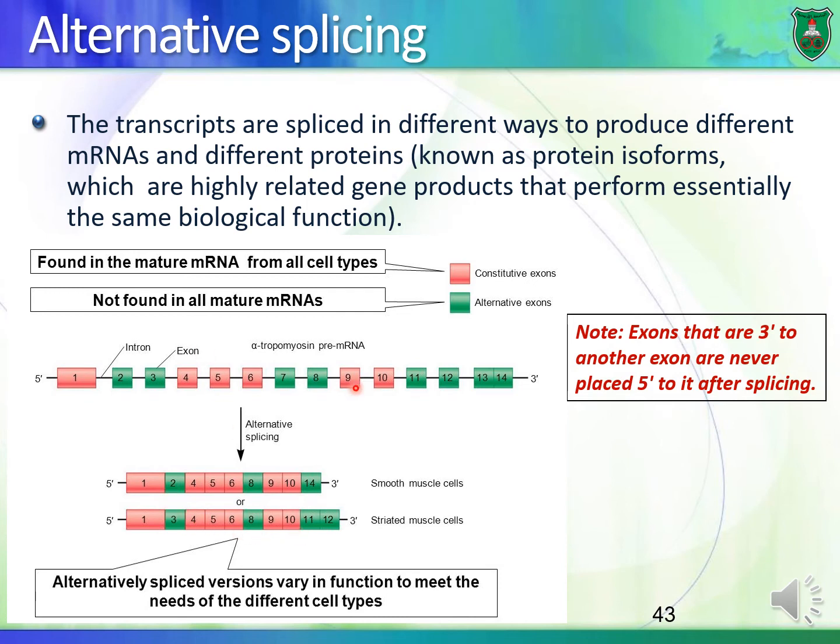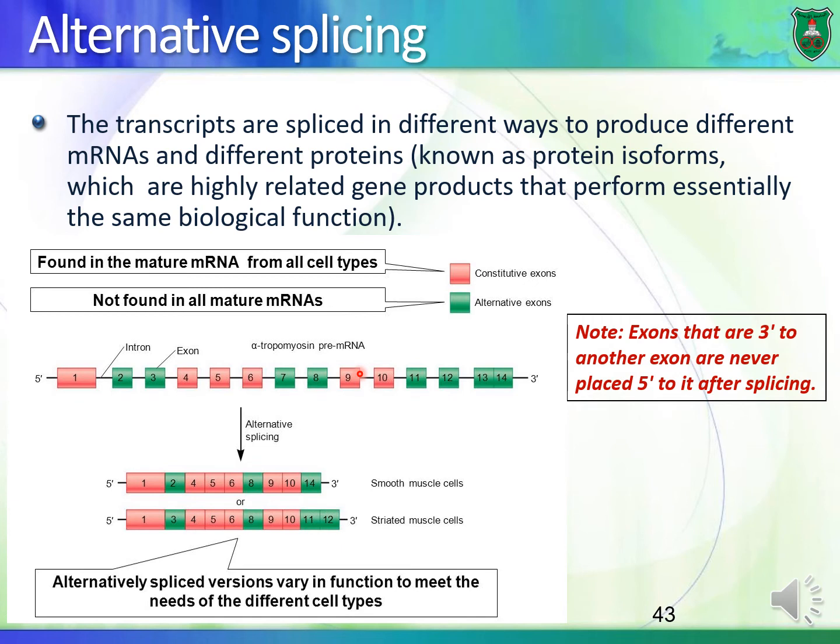So from the same pre-mRNA, you can have multiple mature mRNA molecules produced. And these mRNA molecules can produce different proteins. Now, all of these proteins are collectively known as tropomyosins, but they are tropomyosin isoforms.